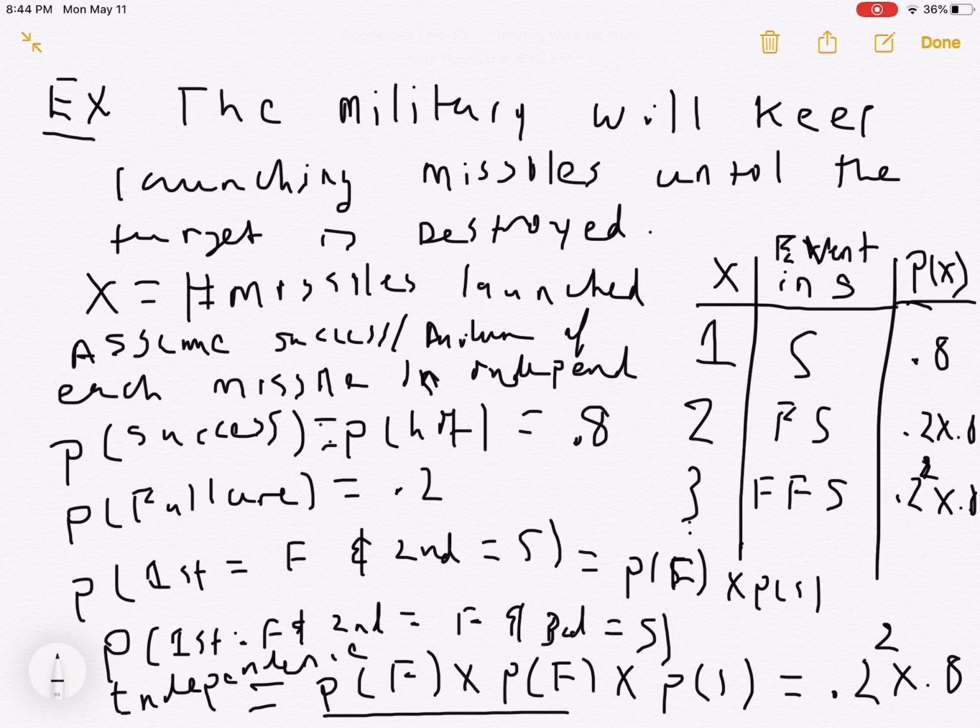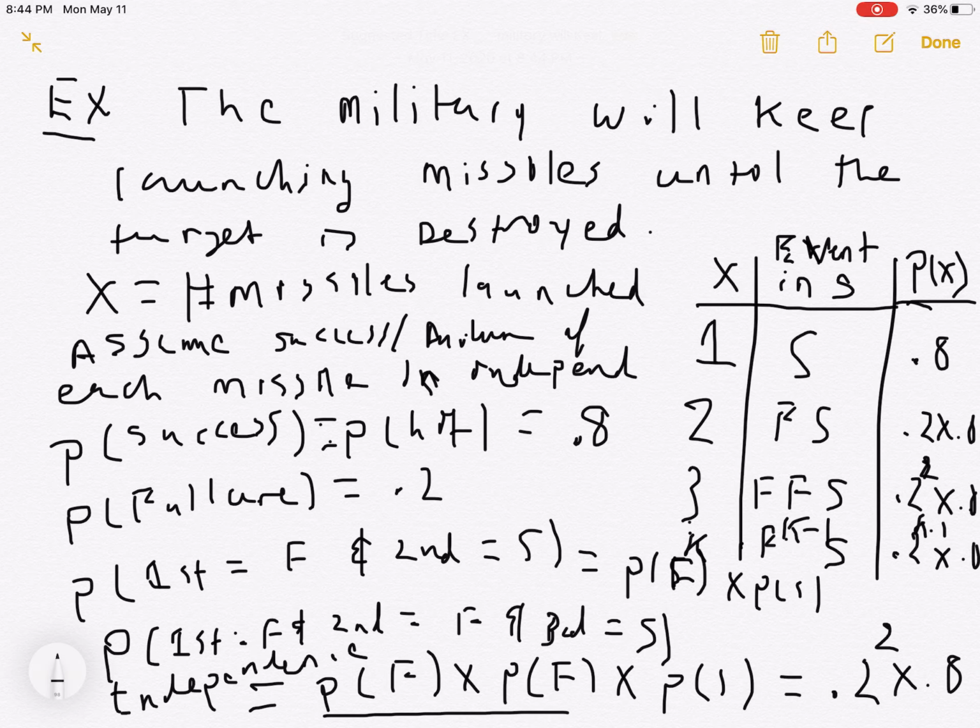This can keep going all the way down to the kth value. This would mean success has to be the last event, and there are k minus 1 failures. That's the event in the sample space. Well, you probably guessed that this is going to be using independence 0.2 to the k minus 1 times 0.8.